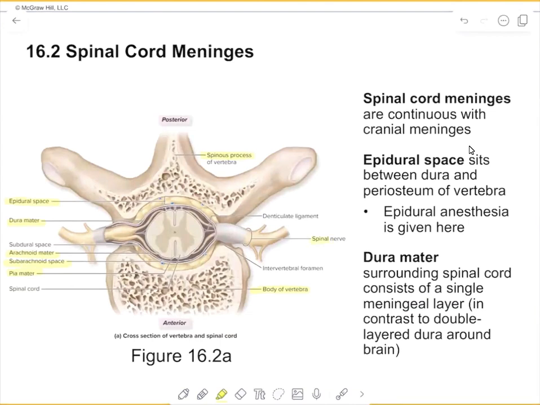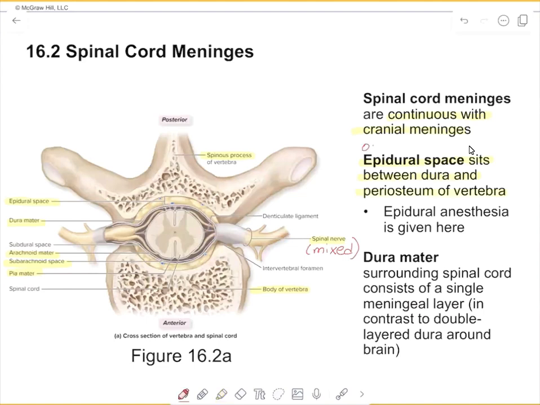Notice that the spinal nerve, again, which is a mixed nerve, is going to enter and exit various levels of the spinal cord between the different vertebrae. So the spinal cord meninges are continuous with the cranial meninges. The epidural space sits between the dura and the periosteum of the vertebra.